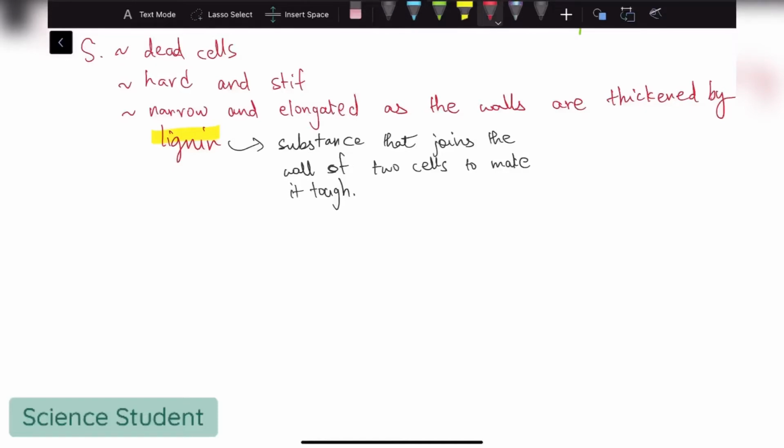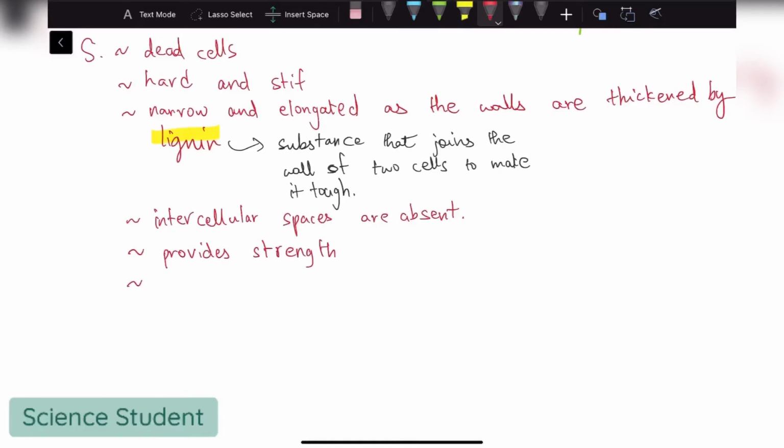Okay. Now, as lignin is present between the walls, they have no intercellular spaces, as guessed, they are absent. Okay. And the last point is it provides strength to the plant.